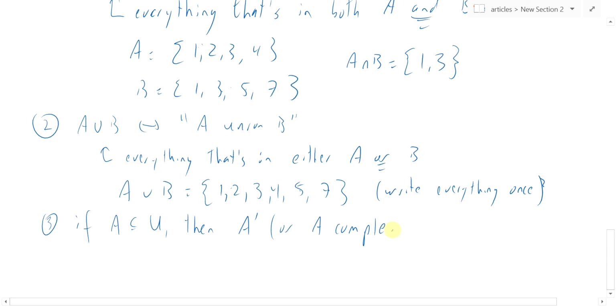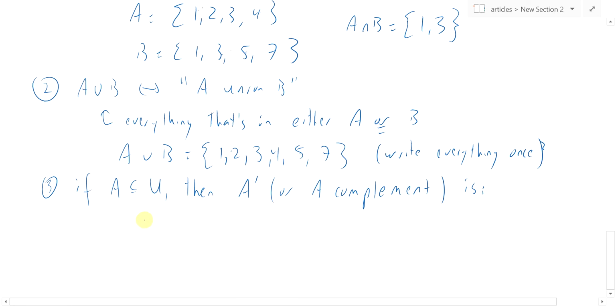It's complement with an E, not with an I. Complement is everything in U that's not in A. The complement to a set is everything that fills out the larger set that it's a subset of.